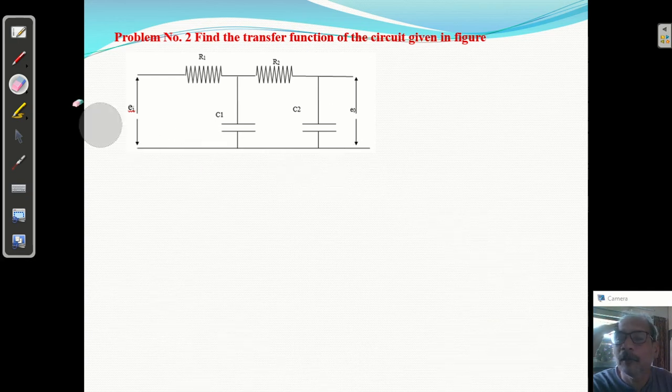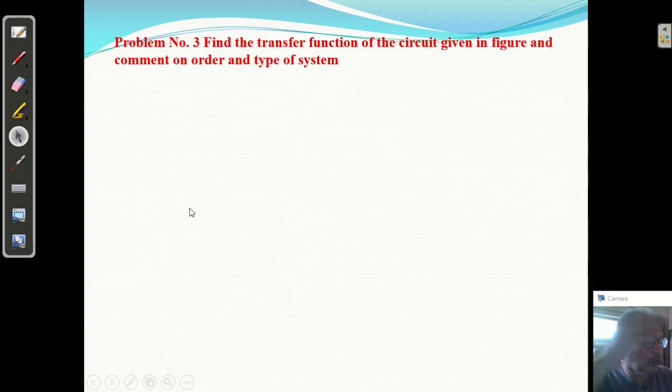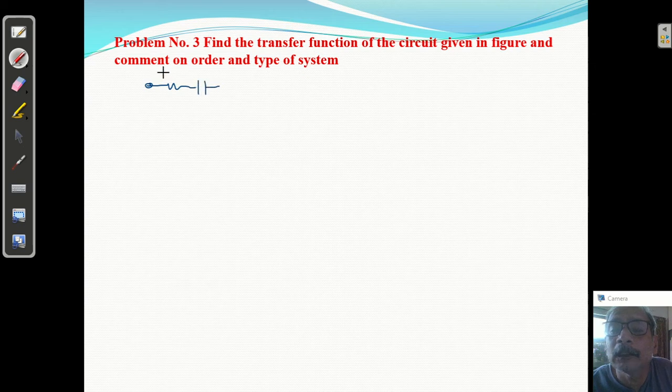And the last problem I am solving, this is the last problem I am solving. Say this is the find the transfer function. For example, this is the problem I have given, R C, okay, and this is R and this is C. This is a problem V out V in is given.